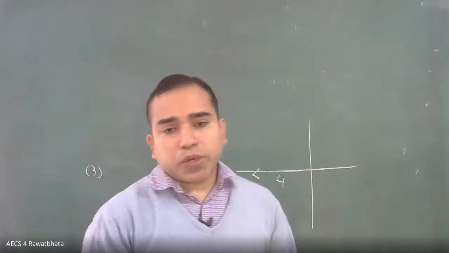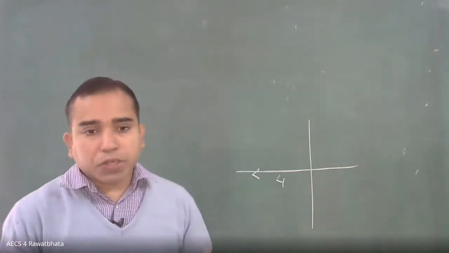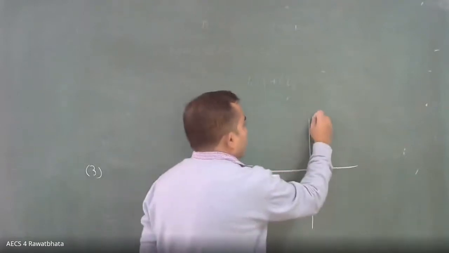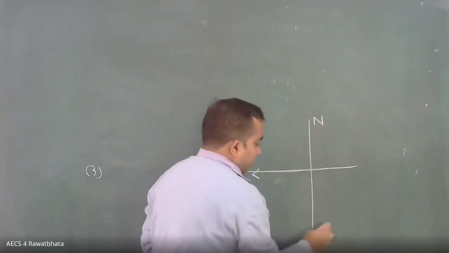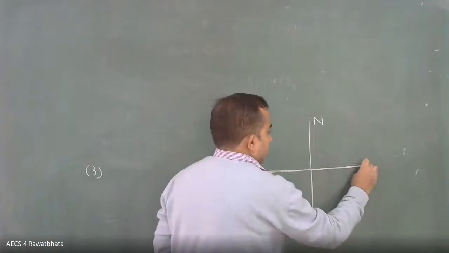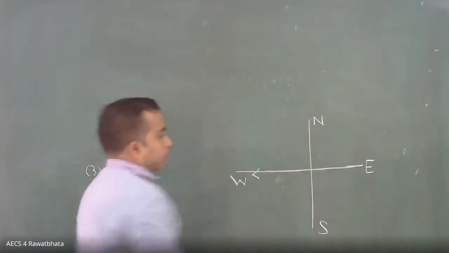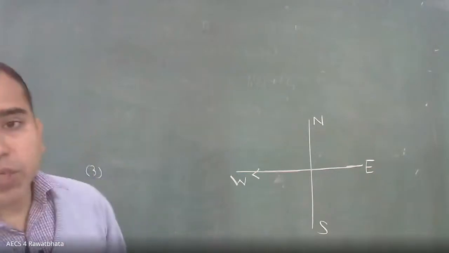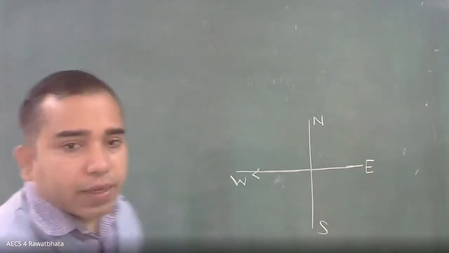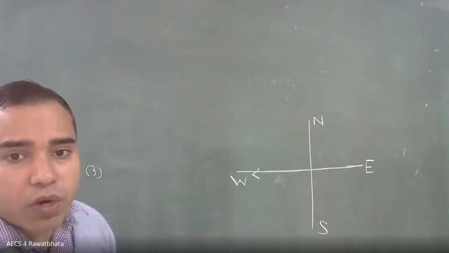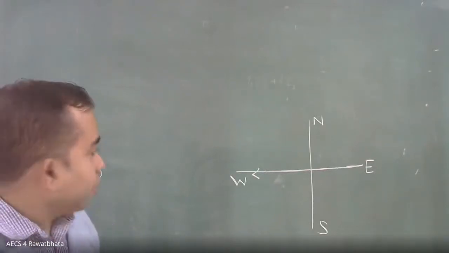Okay. So students, read the question. I think they are talking about directions. So first of all, you should know that convention is this is north, this is south, this is east, this is west. Now, you read the question carefully. Question 3 says that a girl walks 4 kilometers towards west.